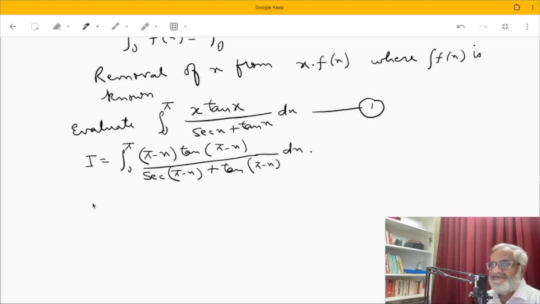So I equals integral 0 to pi. Tan of pi minus x is minus tan of x.